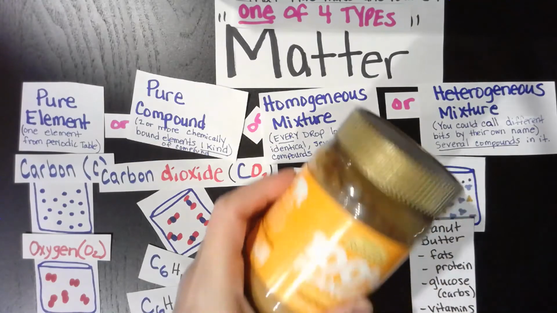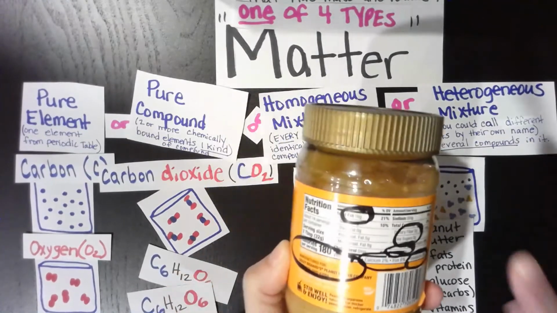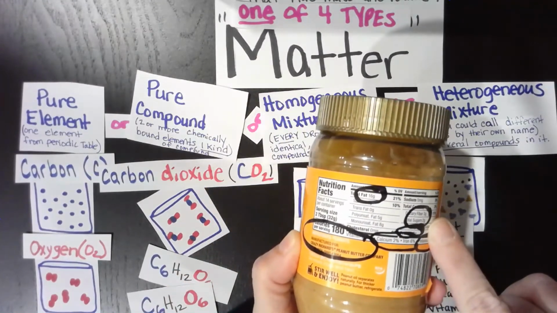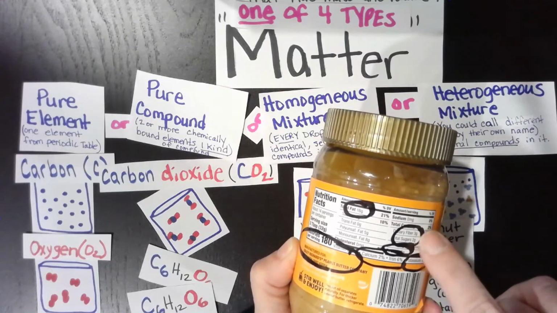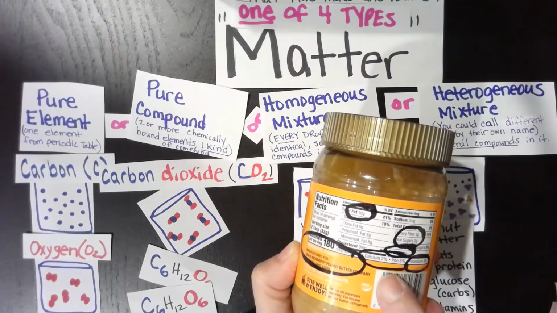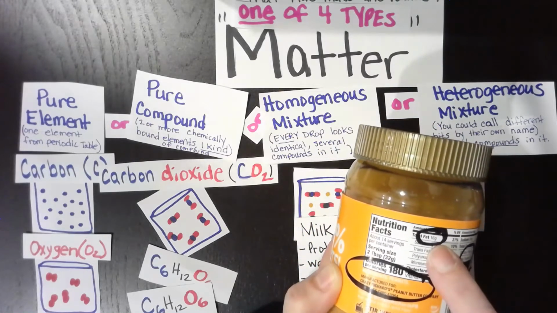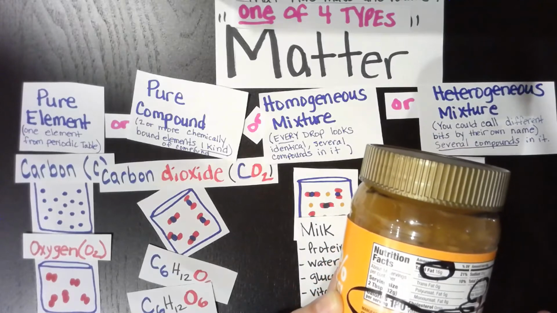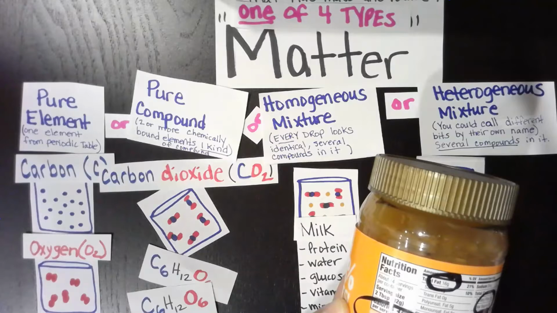In fact, if you look at this jar of peanut butter here, there's some oil at the top, and I've circled on here all of the things that let you know it is not homogeneous. It is heterogeneous. It's got fiber, it's got sugar, it's got calcium, it's got potassium, it's got fat. There's no way that this is a pure compound or a pure element. It's got too many kinds of things in here.